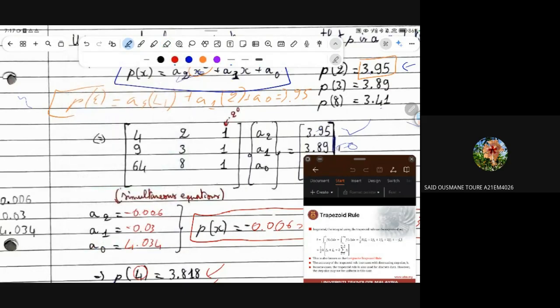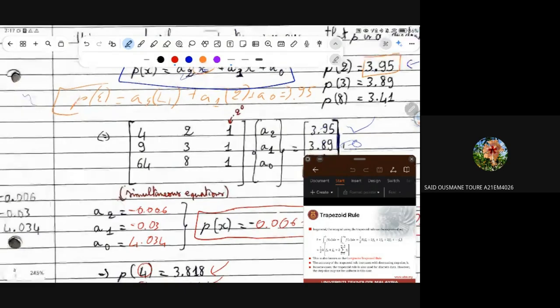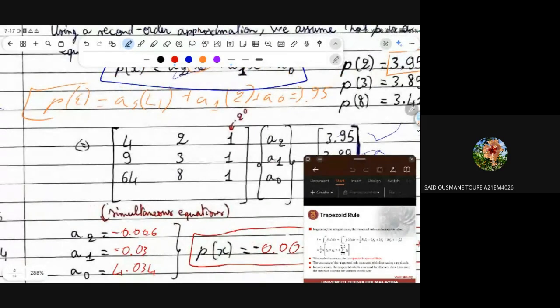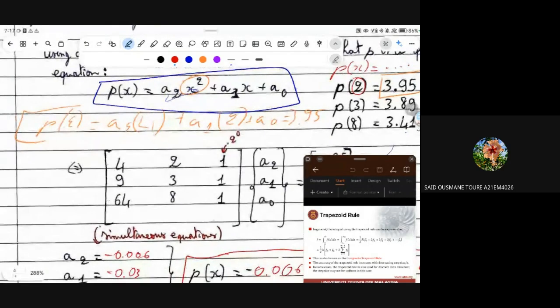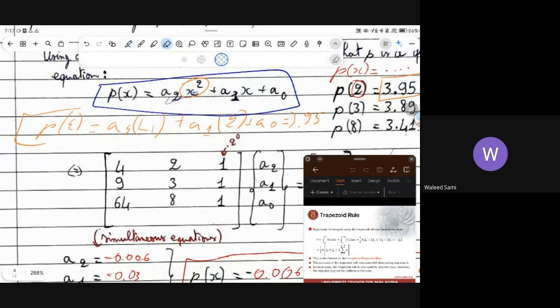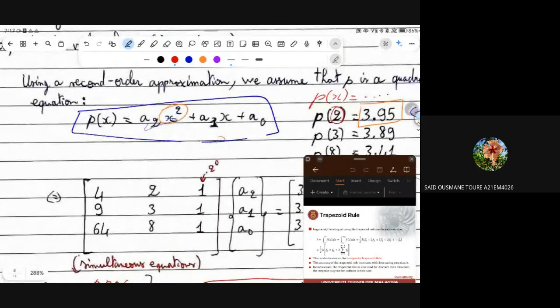So for the matrix, basically what I did here is I put A2. I substitute the x. Here is rho of x equals something. Okay, so x here is 2. Understand? When x is 2, it's gonna be 3.95. Oh yeah, exactly. How do you know? We just substitute the x in the equation we got, the final equation.